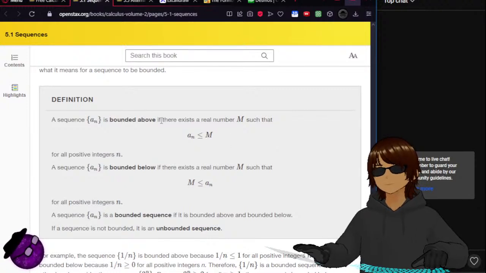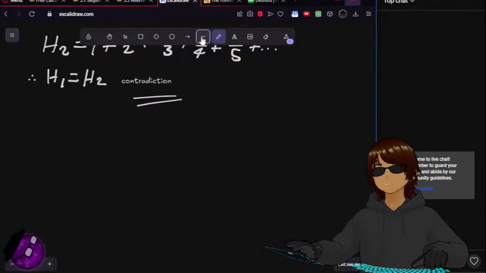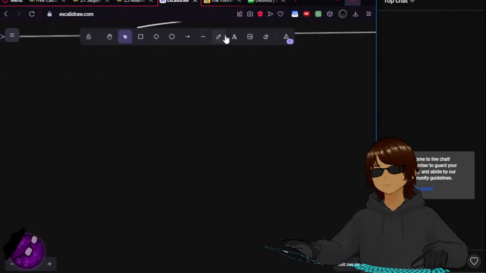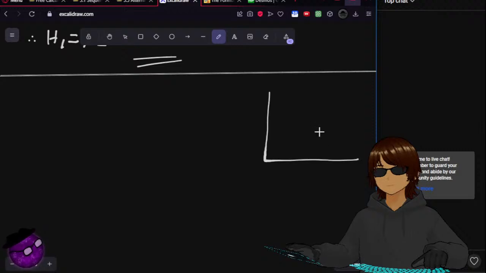Bounded above, bounded below. So bounded above and bounded below would be like this is the sequence. The x-axis is basically the n.